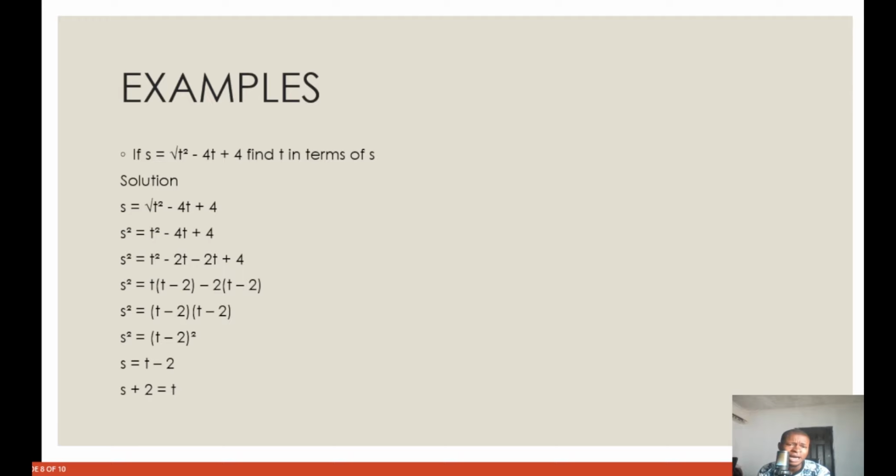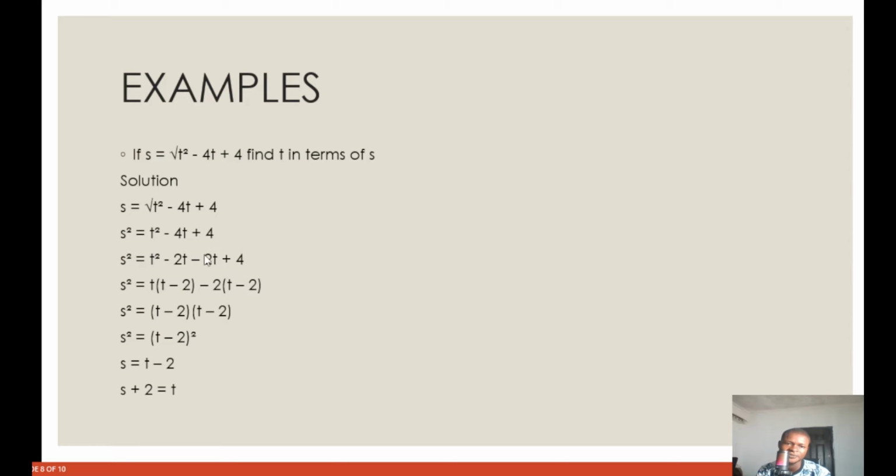So here we have a root covering, although it's giving a kind of quadratic equation, but here we can easily factorize. You can see that the first thing I did is to square both sides so that the square roots can actually disappear. So at the end of the day we have s squared equals t squared minus 4t plus 4.